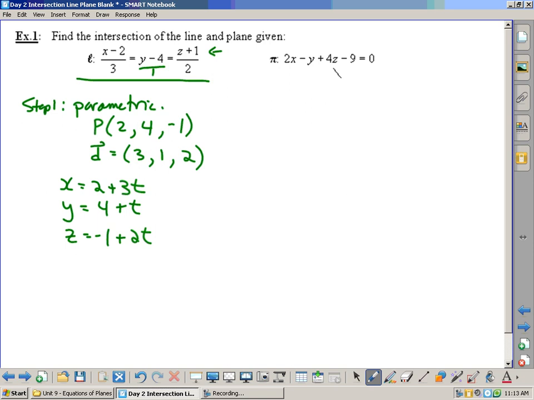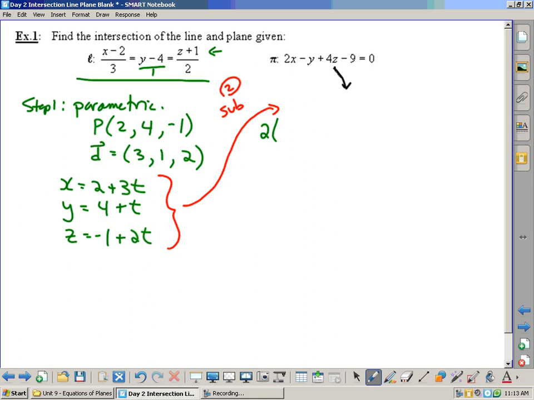Step two is then going to take this and assume it intersects the plane, which means we're going to sub it right in here. So wherever we see an x, we're going to replace it with the parametric version.